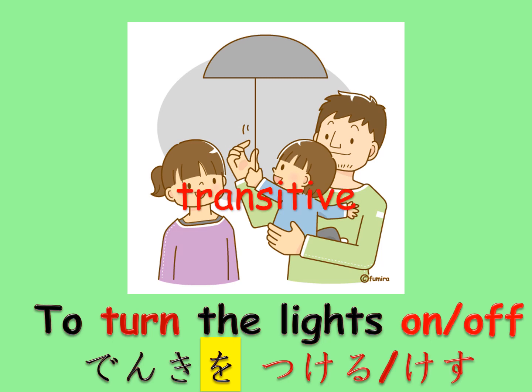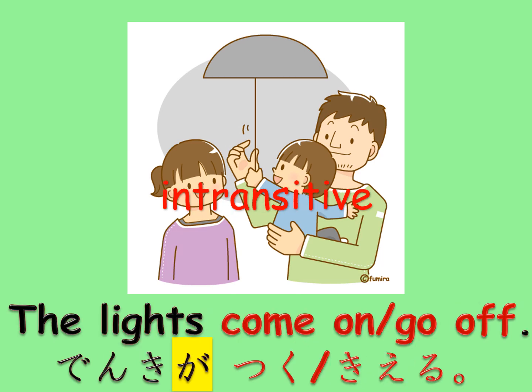Both actions need to be exerted on the light switch, so つける and 消す are both transitive verbs. But the intransitive versions of them, 電気がつく and 電気が消える need to be translated as the lights come on and the lights go off, respectively.